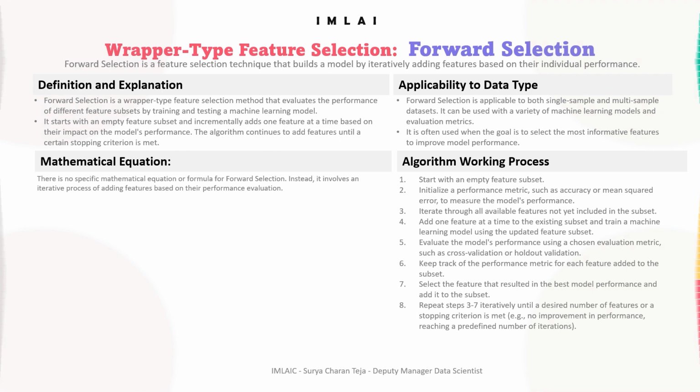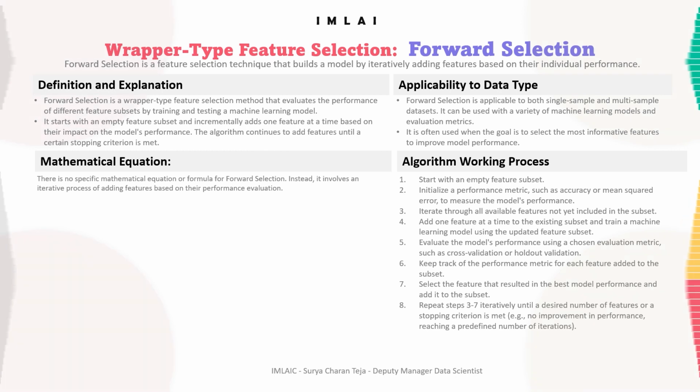We iteratively run this algorithm until we get a desired number of features or a stopping criterion. When we say stopping criterion, it's meeting the condition that no improvement in performance can be made, or reaching a predefined number of iterations.